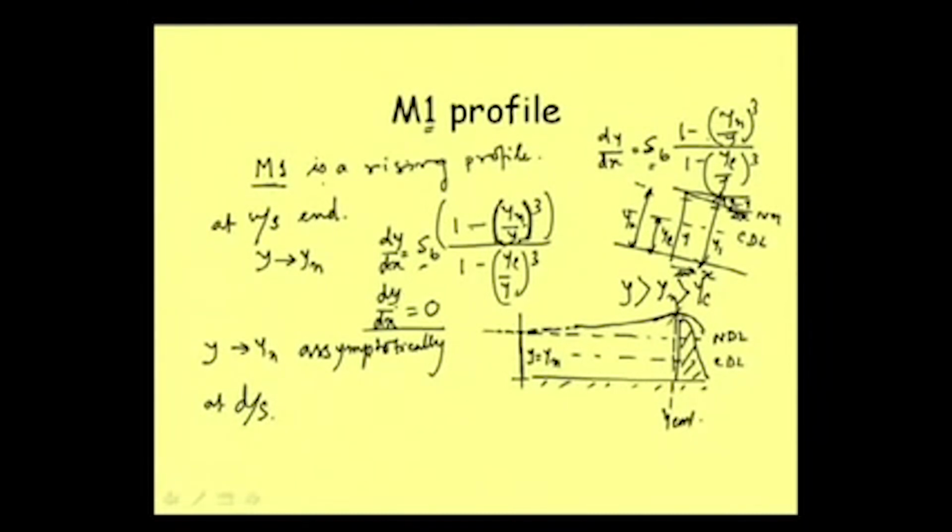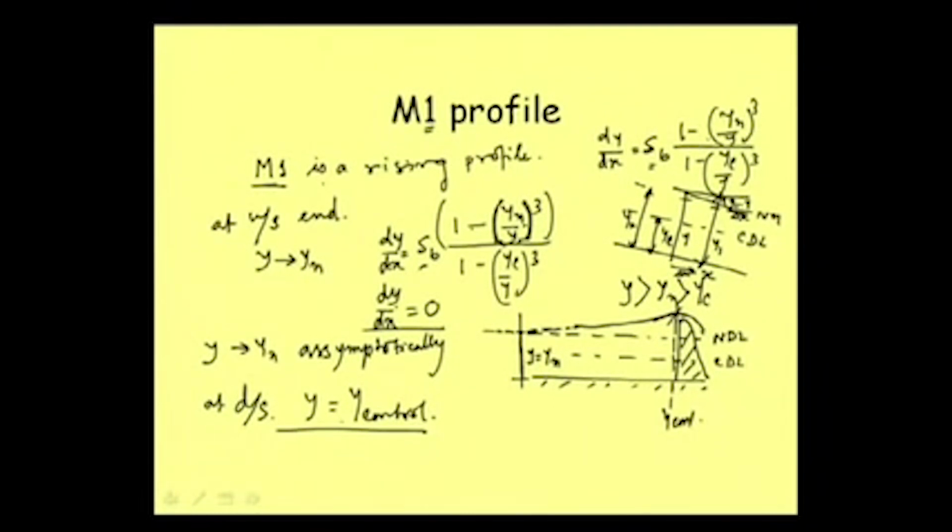So, at the downstream point we will be getting y equal to say y control. Of course, when it is a series of profiles, then that depth may be governed by what is happening at the downstream end.